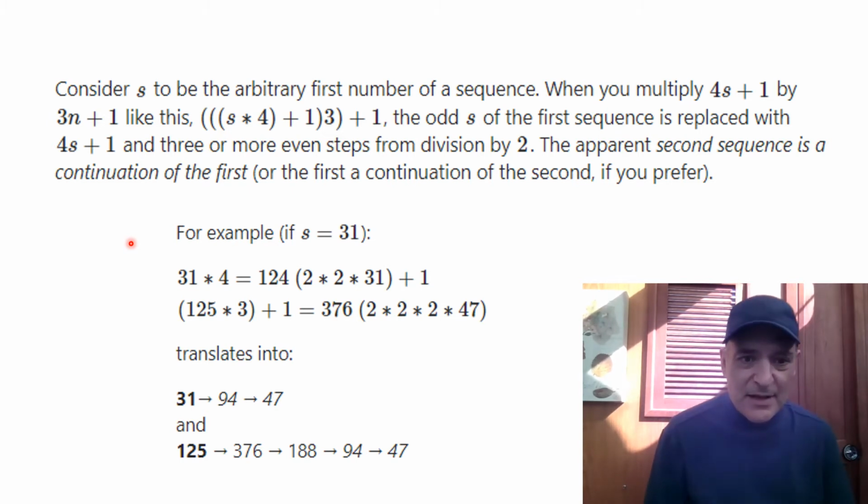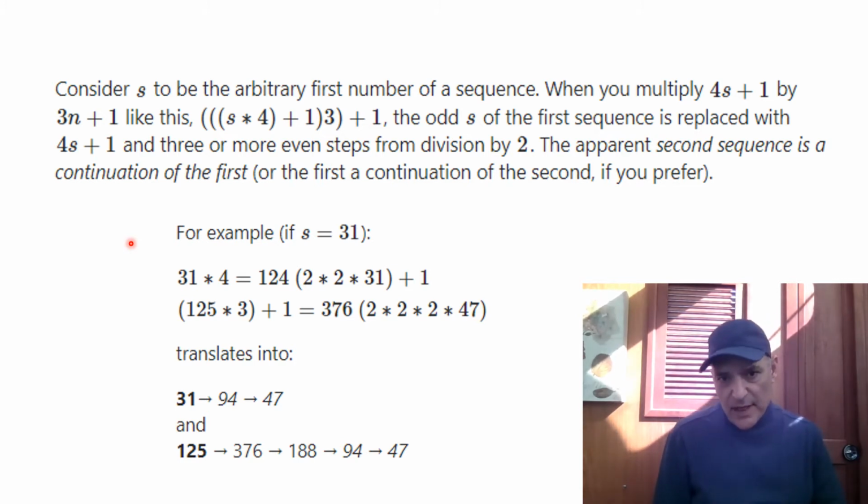Now we multiply that by 3 and add 1, we get 376, and then we divide this as many times as possible, which is 2 cubed, times 47. That's the factorization of 376, or the factoring, excuse me.